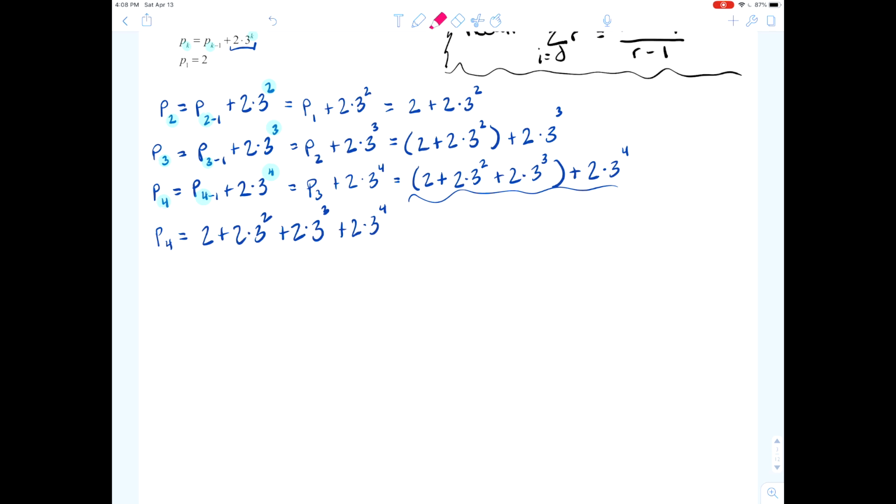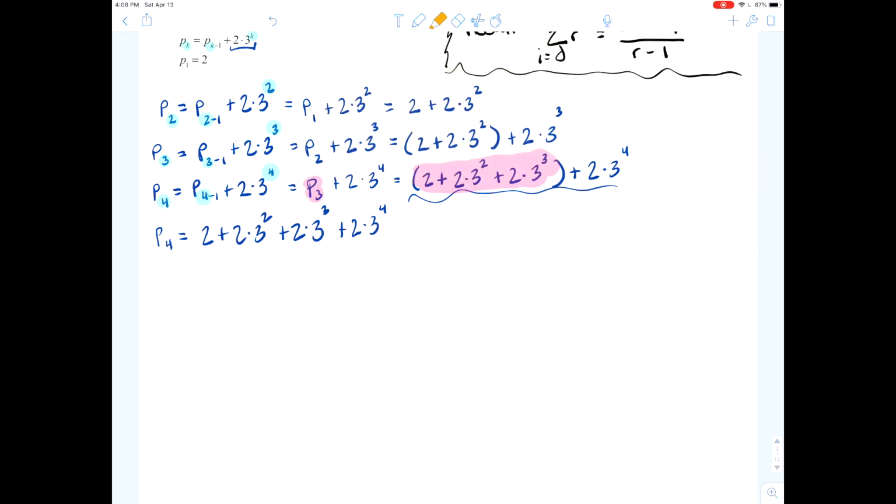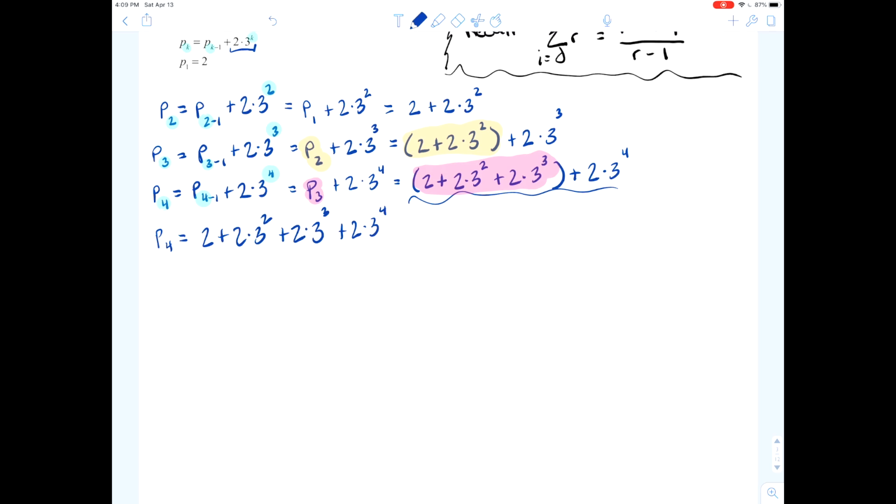So this here was just grouping that this was our P3, and this one right here was showing us that this was our P2. Cool, cool. All right, so now what we have going on is we certainly could do what?